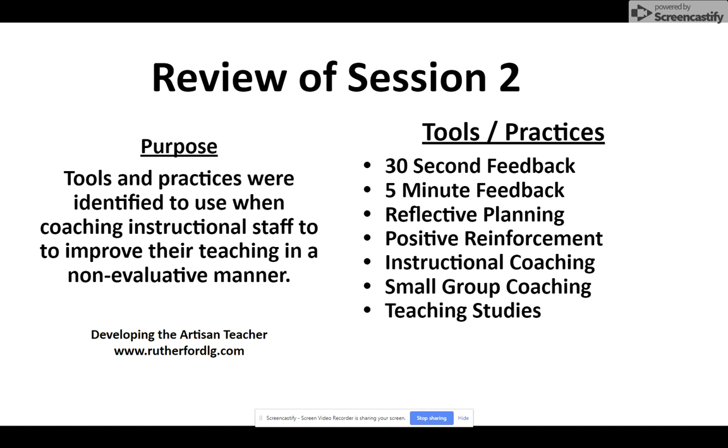And again, to try to identify some of these tools that are done well in your building and help your teachers to develop their skills, and maybe 1 or 2 that you would make a focus for growth and for future work in your building. And at this time, we will end the recording for session 2.